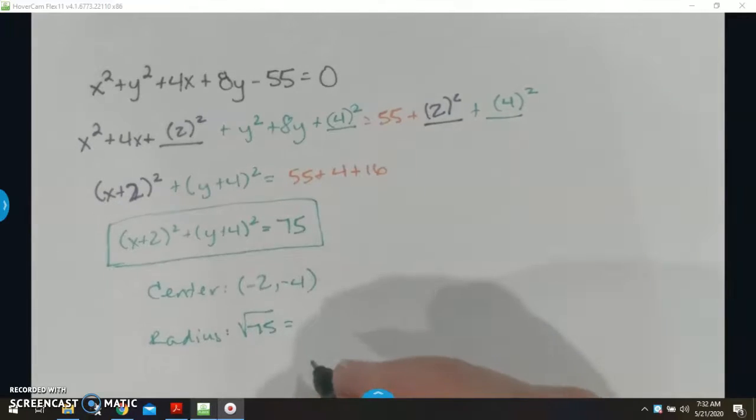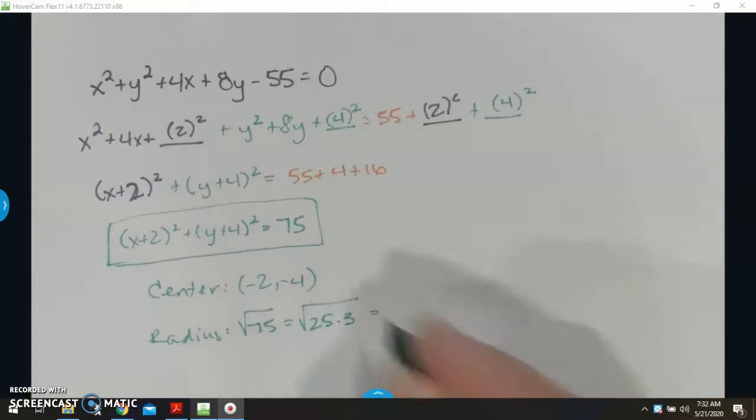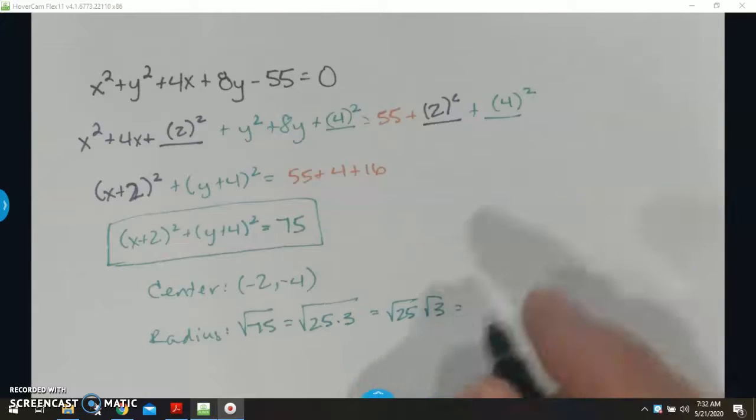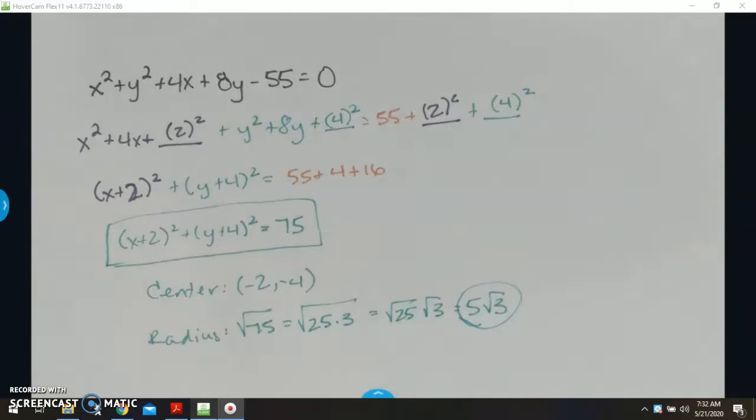Now, if you want to keep going on this, you can keep it as square root of 75, or you can make it square root of 25 times 3, which will break down to square root of 25 times square root of 3. Square root of 25 is 5. There's your radius. And again, that's just using properties of square roots, something that will also be beneficial to you in Algebra 2.